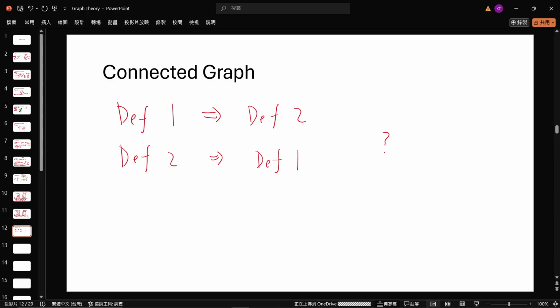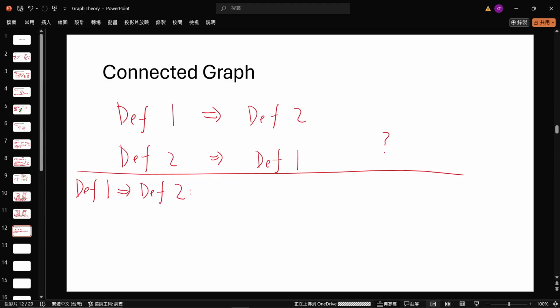Okay, so if the graph satisfies the first definition, this means there's a special vertex V. This V is like a hub, okay, because it can be connected to any other vertices in the graph, okay.